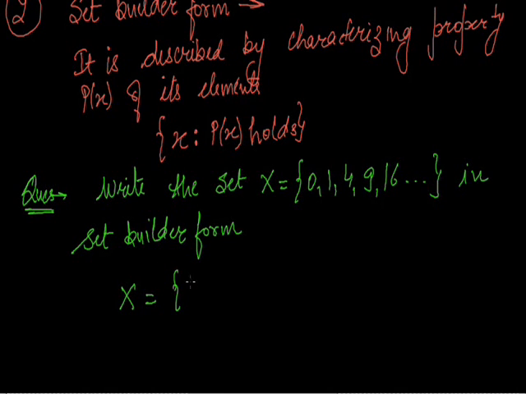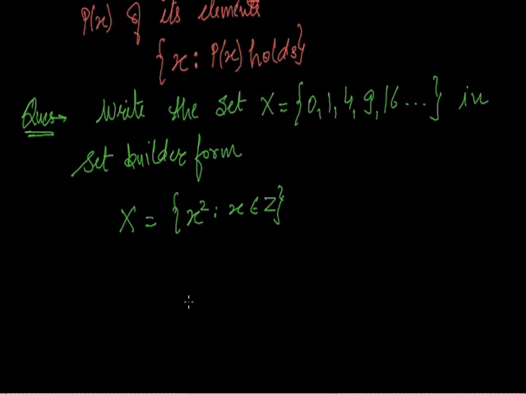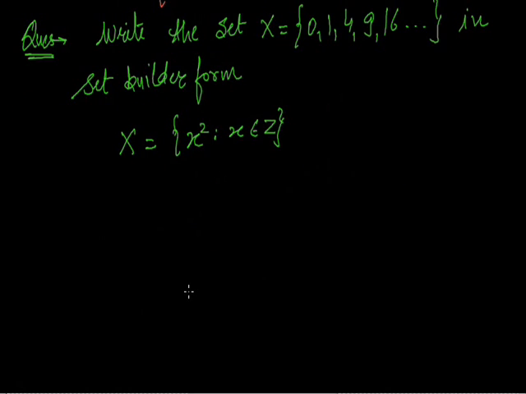So the element is x square, and x belongs to Z, where Z is the set of integers. So we write the set builder form as x square such that x belongs to Z.